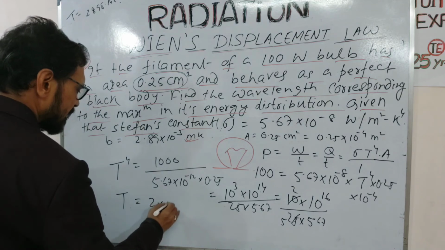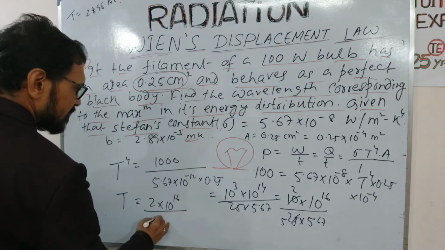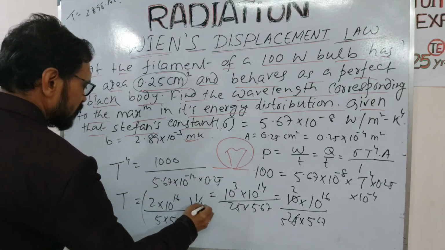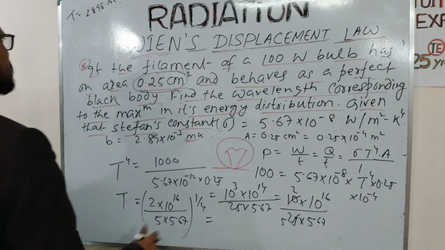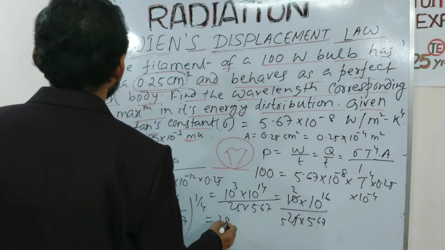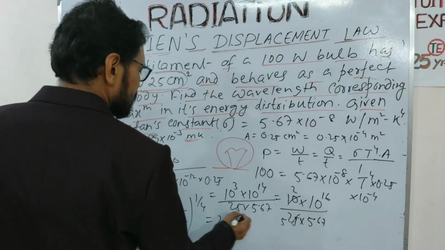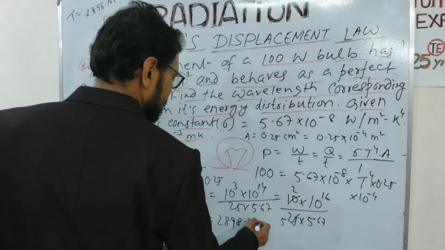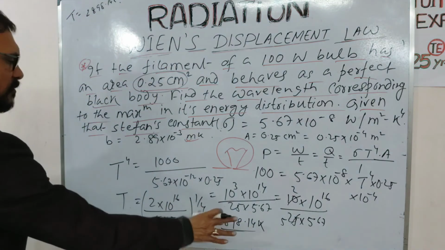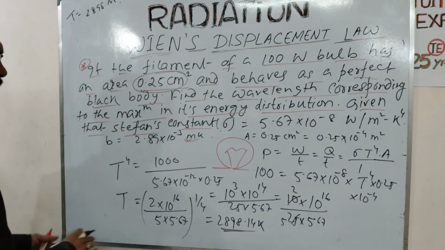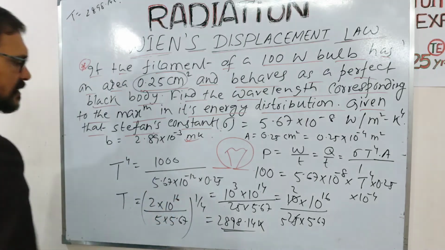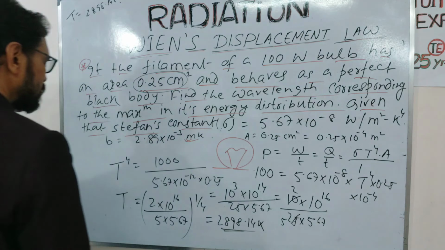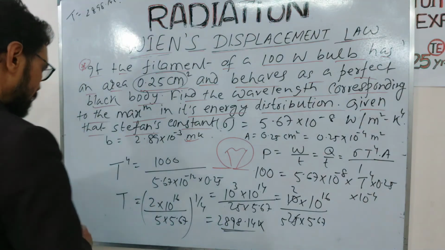So if we calculate one by 4, suppose we get a value. The question comes in such a way that you can calculate the fourth power. So suppose this value is this. Now we get the temperature of the bulb.